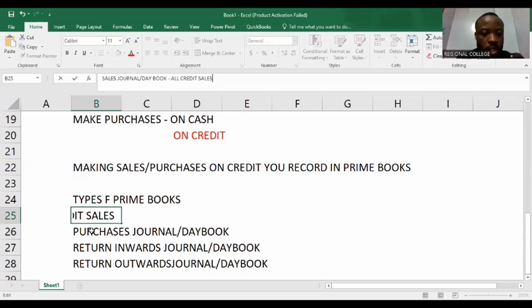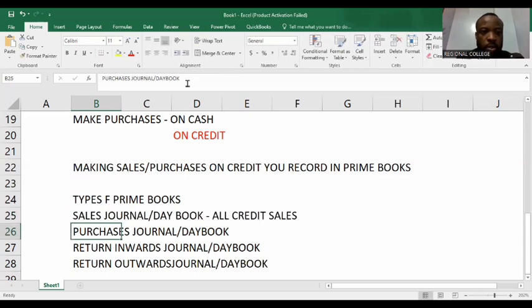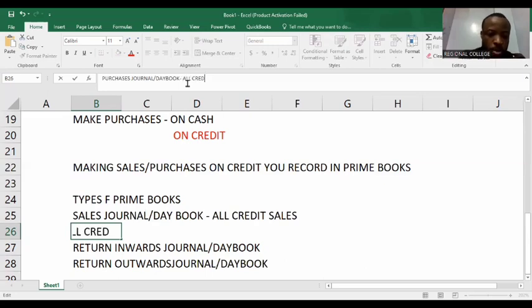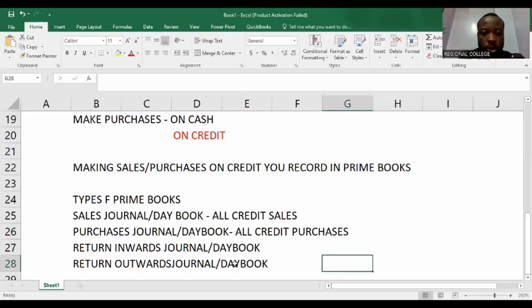You go to that journal book, the sales day book. Then if you're buying on credit, you have to know the information of your creditors. This is all credit purchases, so at the end of the day, you know all the value of your creditors.